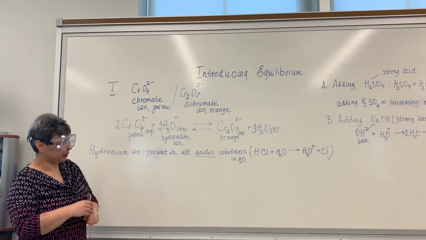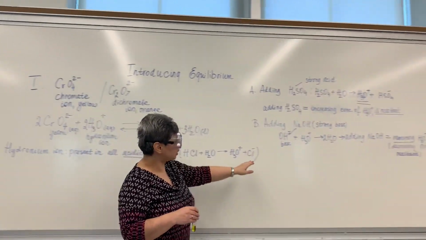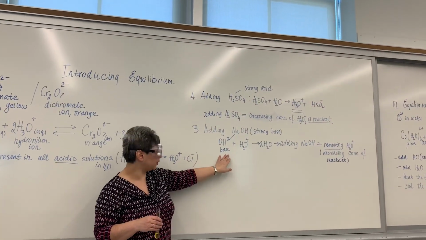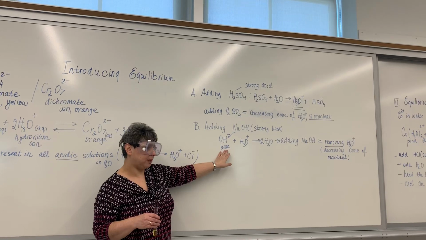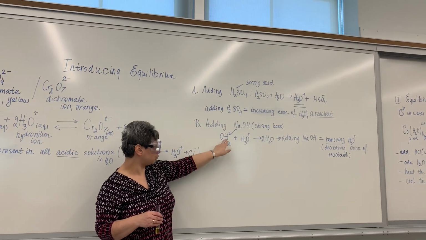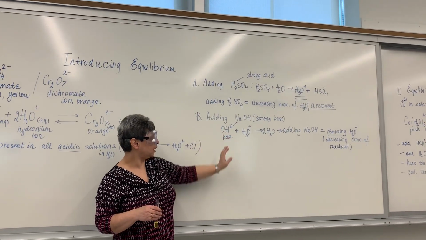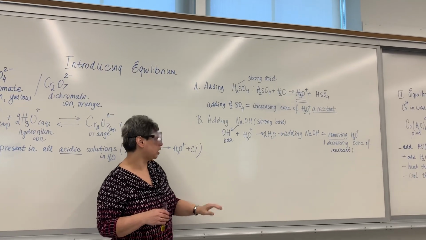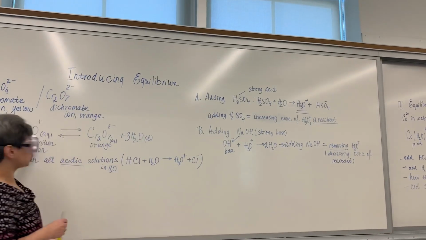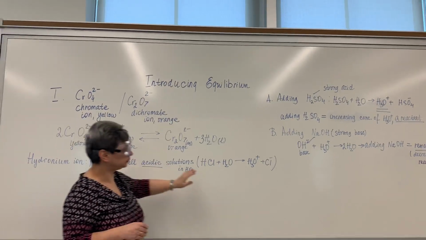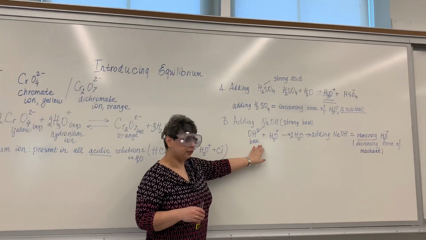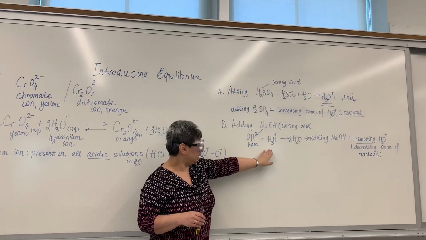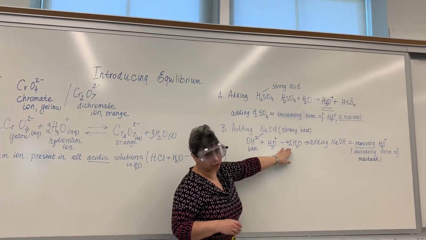So how can we explain this? Well, the explanation has to do with what happens when we start adding base, sodium hydroxide, which of course contains hydroxide ion, to our reaction mixture. One of our reactants originally was hydronium ion, but it's a well-known fact that hydroxide reacts with hydronium ion and produces water.